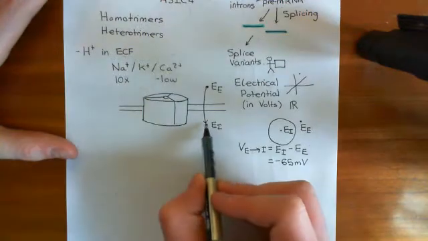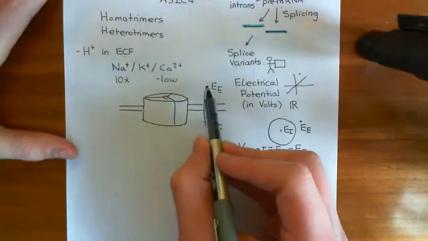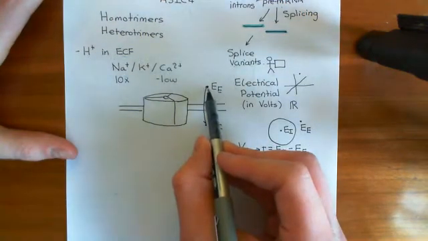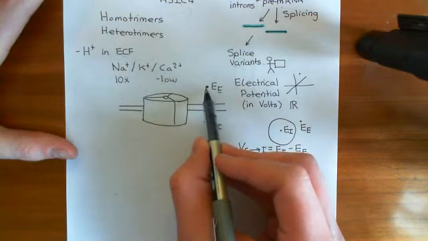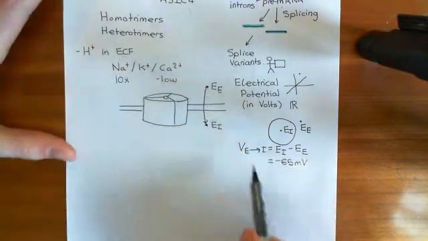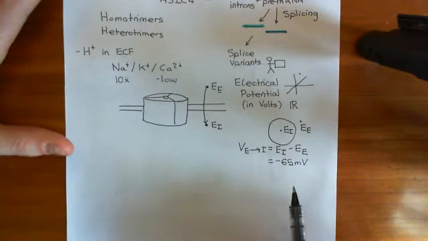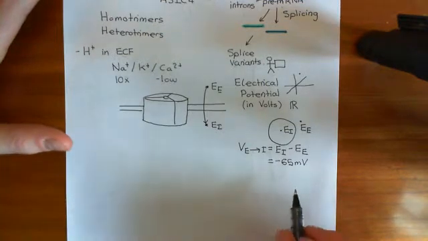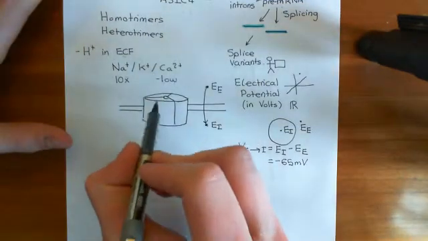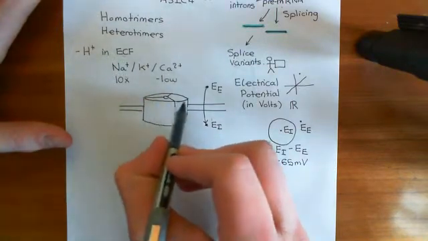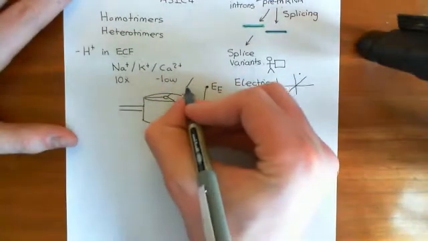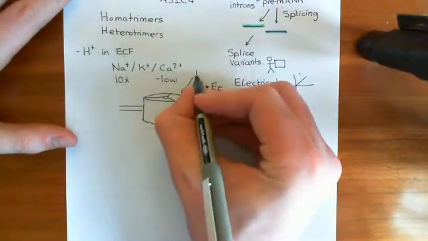So the electrical potential intracellularly is lower than the electrical potential extracellularly, and it's lower by 65 millivolts.